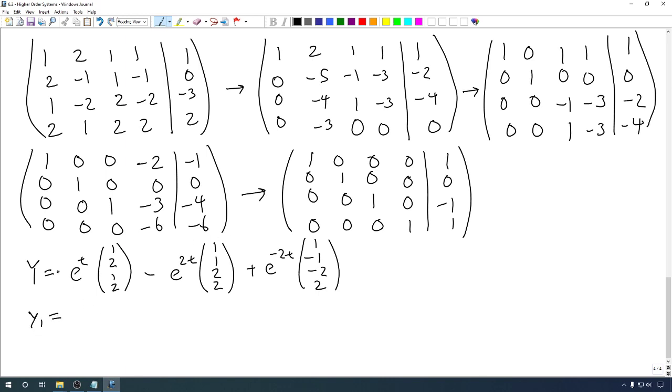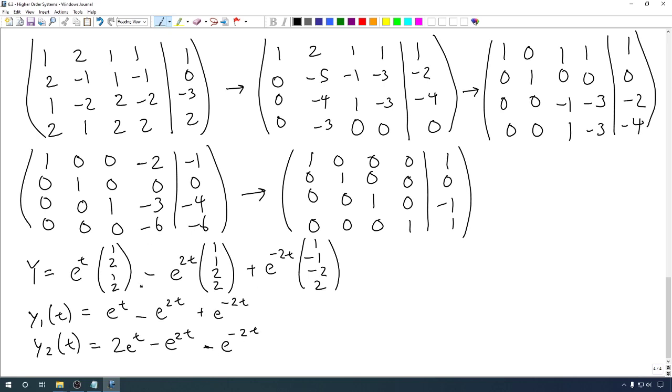Our y1 of t is e to the t times 1, minus e to the 2t times 1, plus 1 times e to the negative 2t. y2 of t is 2 e to the t minus 1 times e to the 2t, then plus, or well, negative e to the minus 2t.